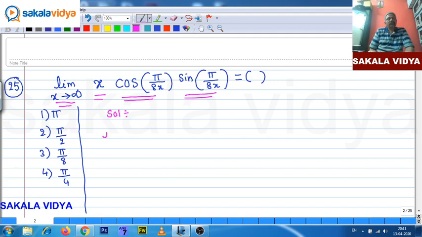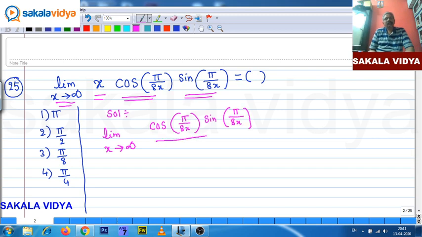Solution: limit x tends to infinity, cos of pi by 8x multiplied by sine of pi by 8x upon this 1 by x. If you simplify, again x comes in the numerator.